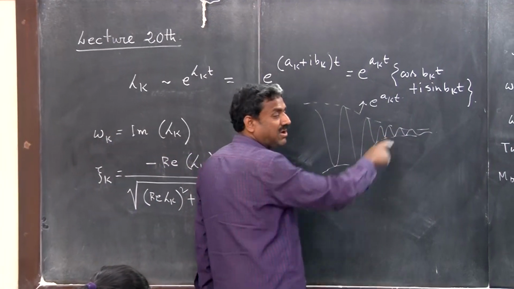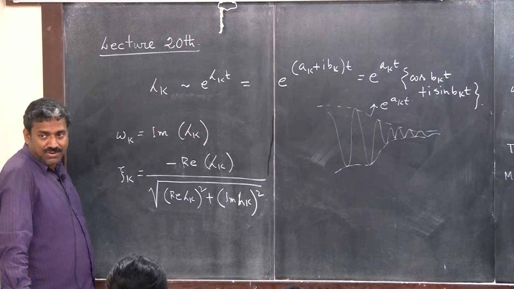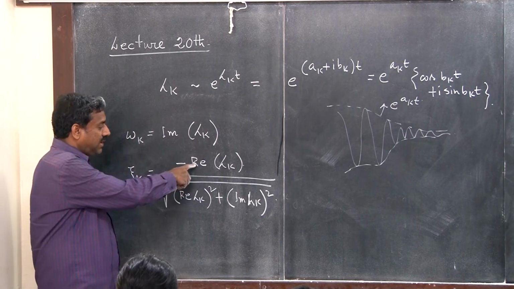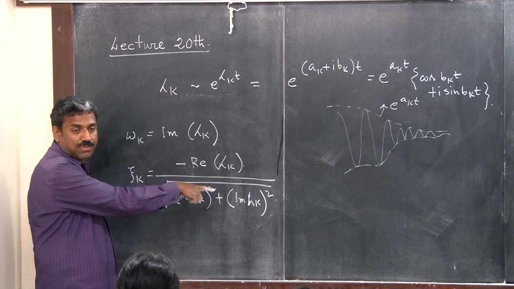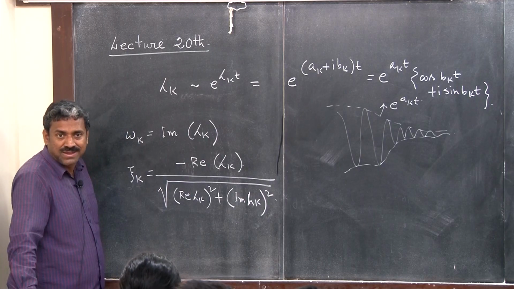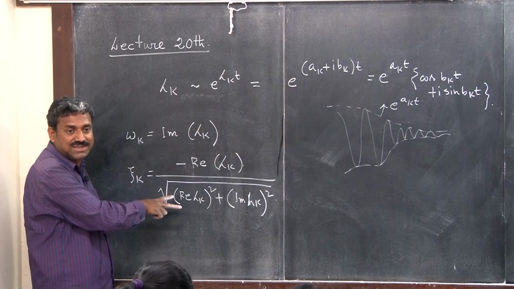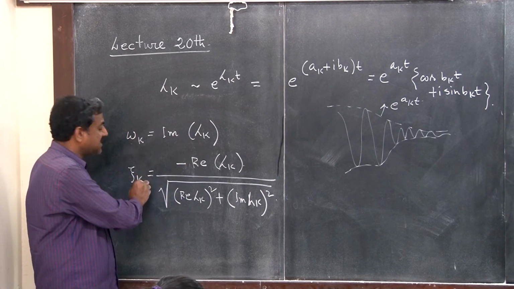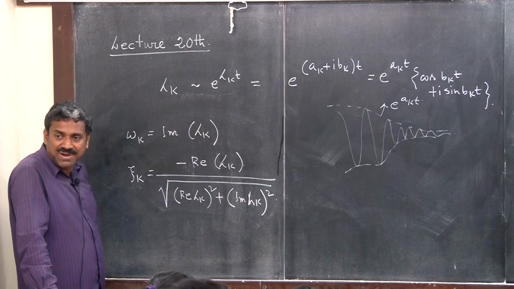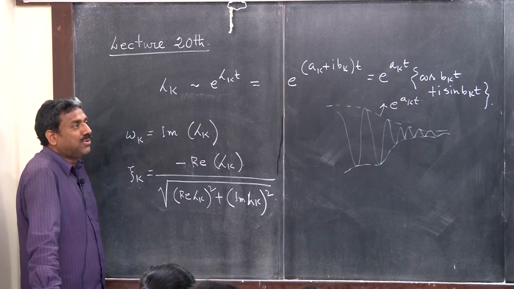So you now recall the logarithmic decrement, right? How will you find it out? Similarly, we use the real part, but then it has to be normalized because it is a damping ratio, right? Xi is the ratio of the damping to the critical damping. If you do this, then you will get this. So once you get omega k and xi k, for every lambda you can estimate them, right?